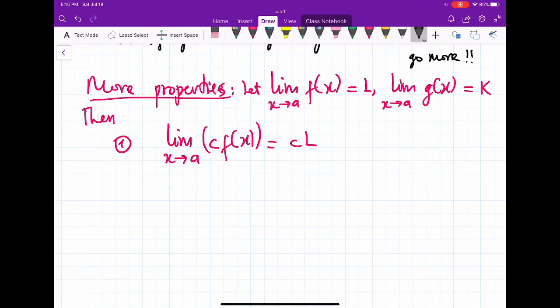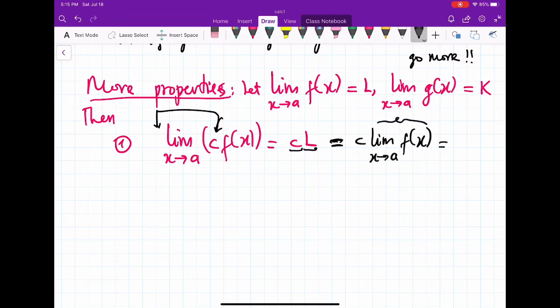So when you multiply the function with a scalar, nothing changes. You just multiply the limit by c. Or you can just bring c out of the limit: c times the limit of f of x as x approaches a, and since this is L, you get cL, right?